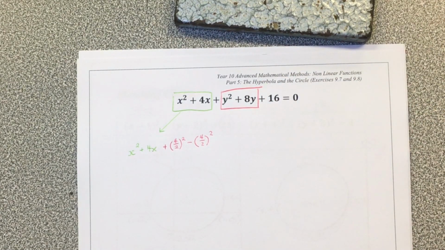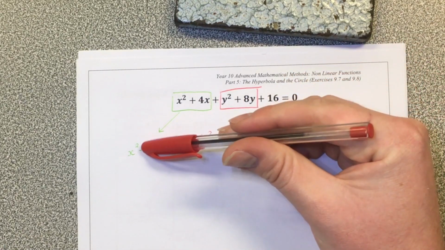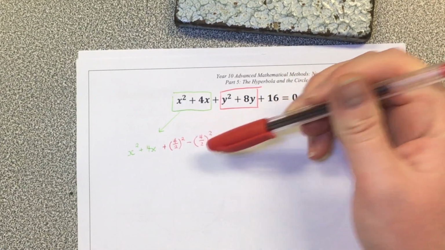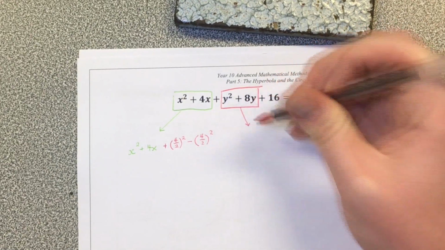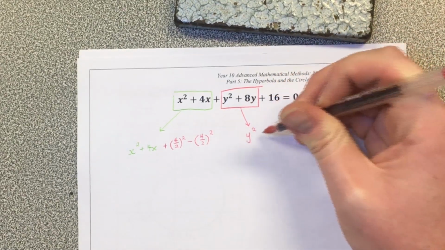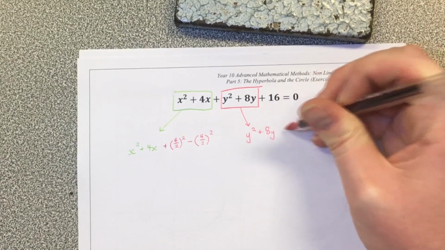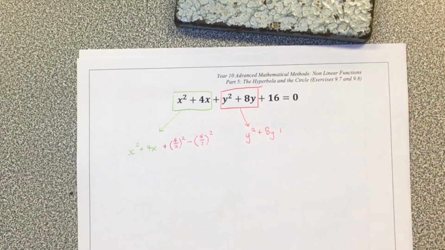So again, much like I would normally do, I add the middle term divided by 2 squared and then minus it. And then what I'm going to do on this side is do exactly the same thing. And then we'll get some different colors.